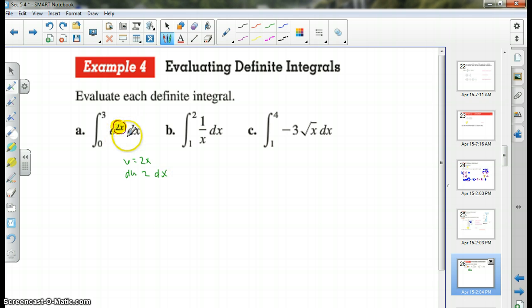But since you don't have a 2, we'll divide by 2. So du divided by 2 equals my dx. So I'll replace this with the integral of e to the u, and dx gets replaced with du. I'll pull out the 1/2, and we'll just say du.